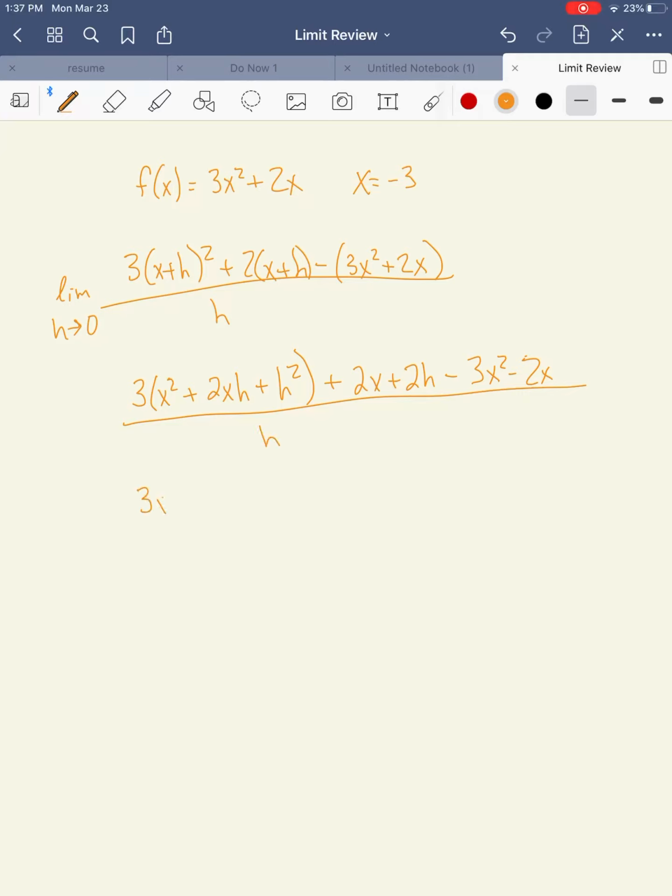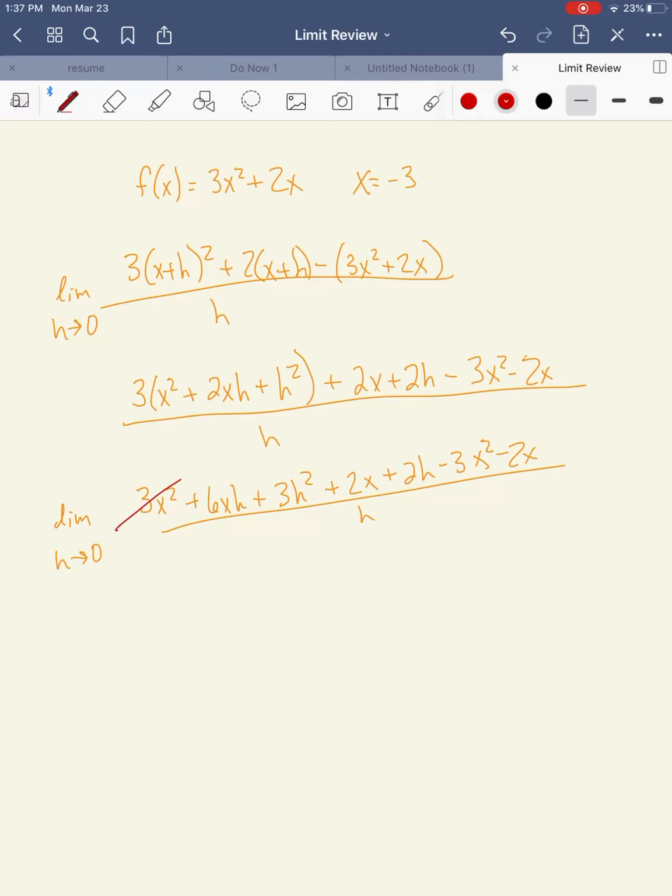Multiply that 3 in: 3x squared plus 6xh plus 3h squared plus 2x plus 2h minus 3x squared minus 2x all over h. Limit as h approaches 0. Cancel out the like terms.